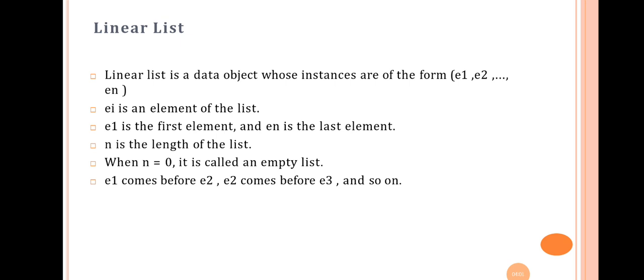When n is equal to 0, it is called an empty list because there are no elements present in the list. E1 comes before E2, E2 comes before E3 and so on. E1, E2, E3 are the first element, second element and third element.